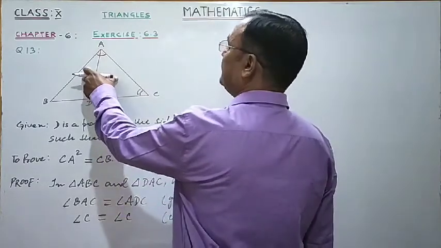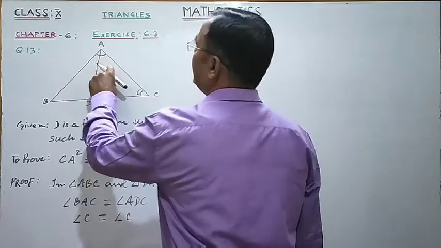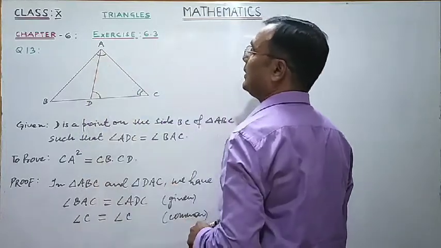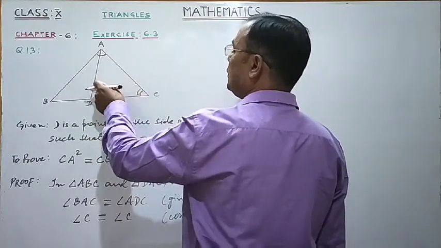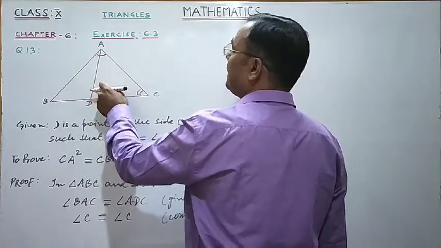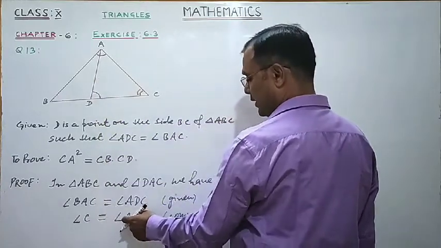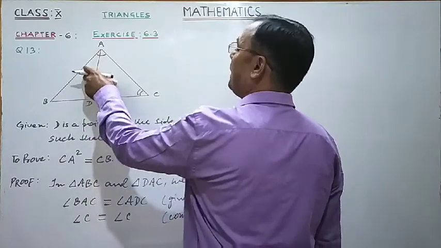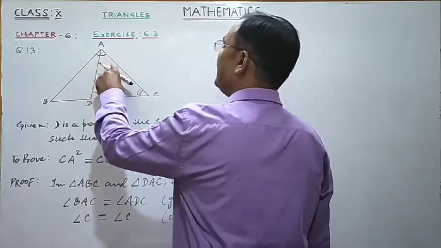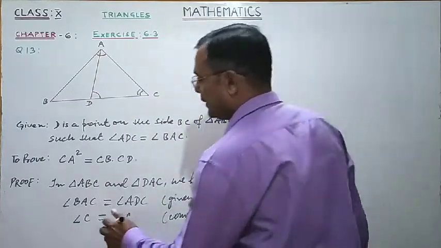In triangle BAC and triangle DAC, two angles are equal. Angle BAC is equal to angle ADC and angle C is equal to angle C, common angle. Therefore, triangle ABC and triangle DAC are similar by angle similarity.